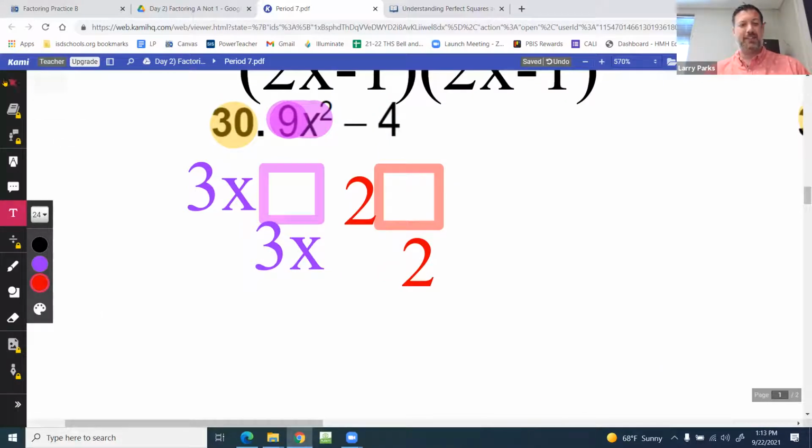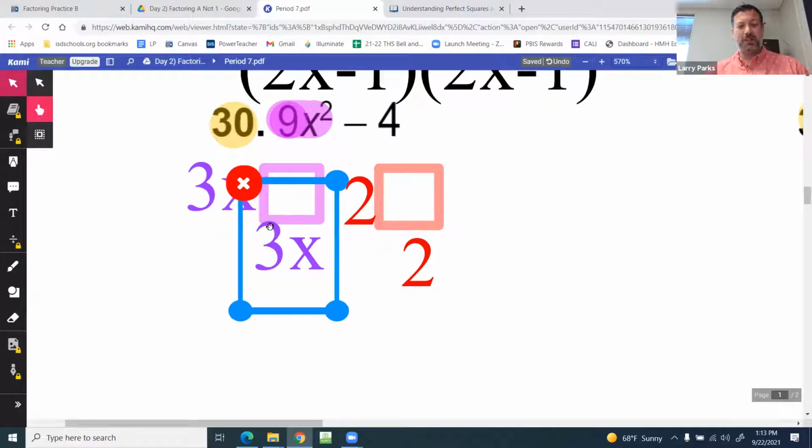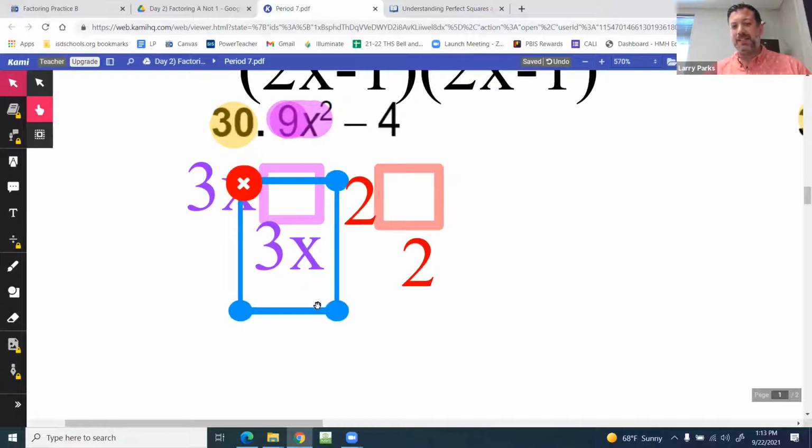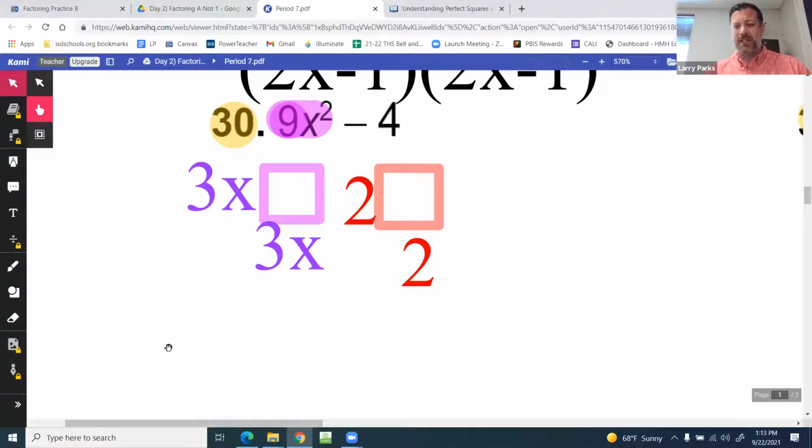Notice I have 1 square, 2 squares. And then most importantly is this minus. See how that's a minus 4? If that's a plus 4, we get imaginary factors. But because it's a minus 4, here's all you do.